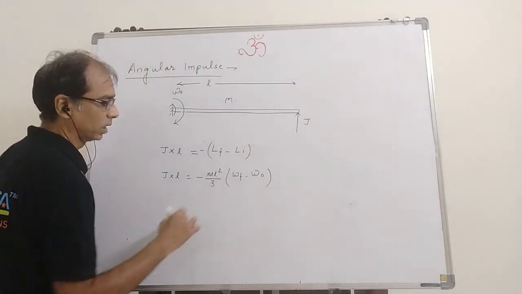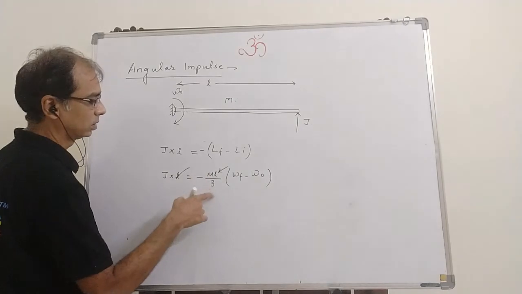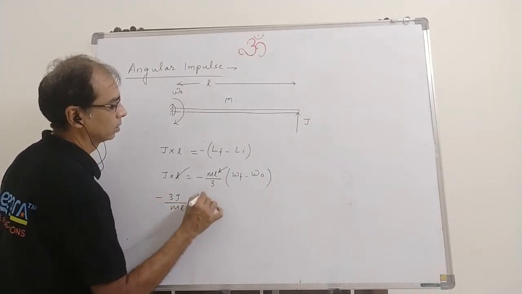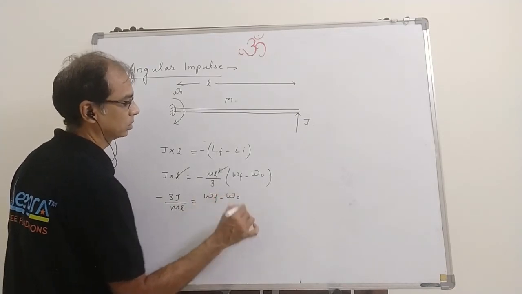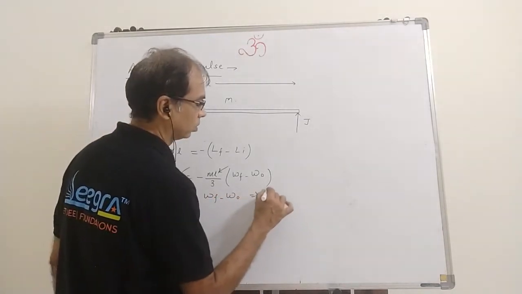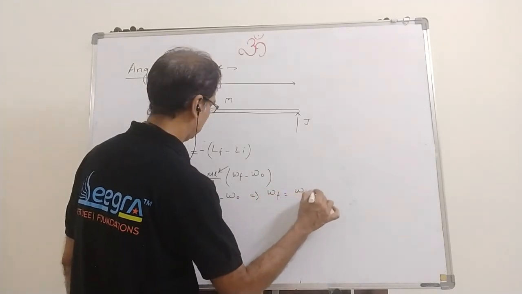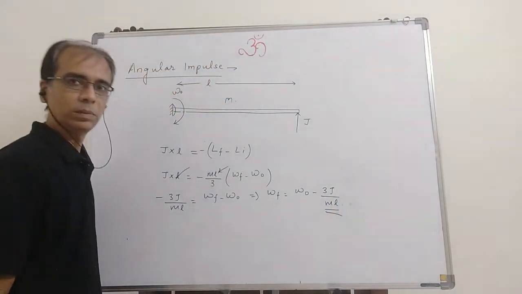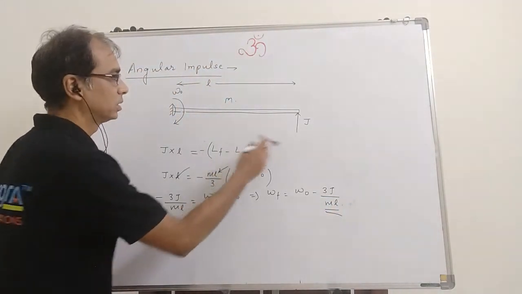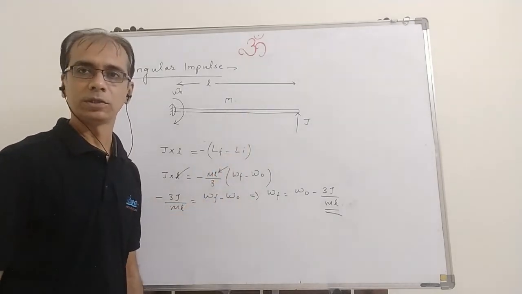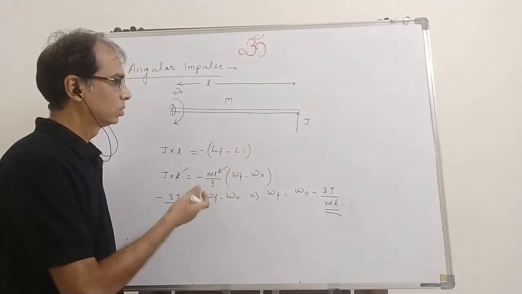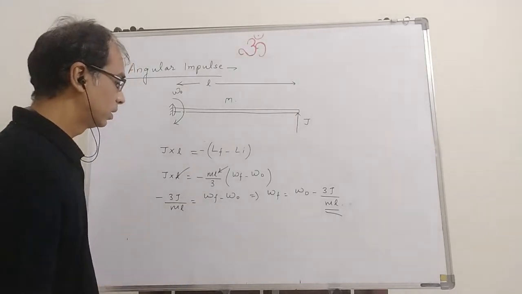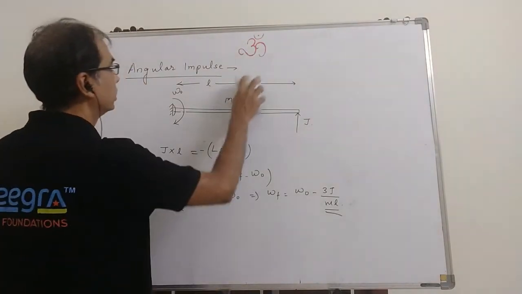L and L are common, so this comes as minus 3J by ML equals omega final minus omega initial. So omega final is omega naught minus 3J by ML, because omega will be decreasing, since the impulse is supplied in the opposite direction. So these kinds of simple questions are there. Let's do a few more questions on angular impulse.